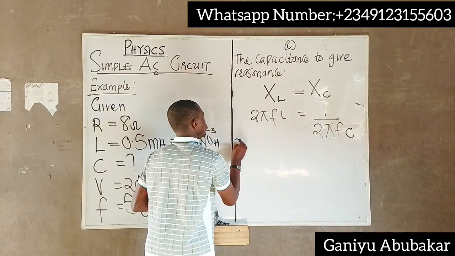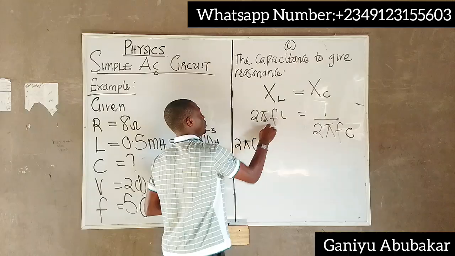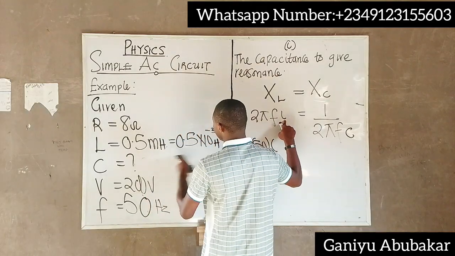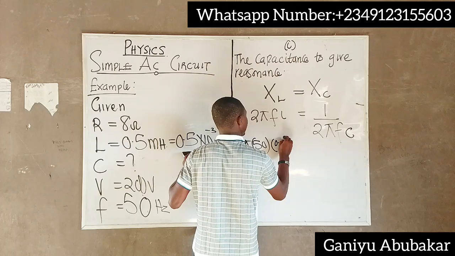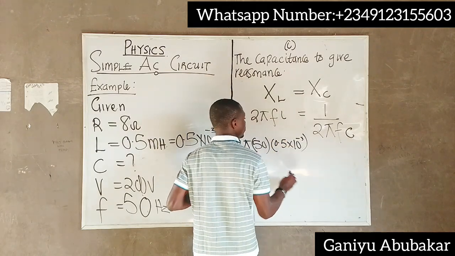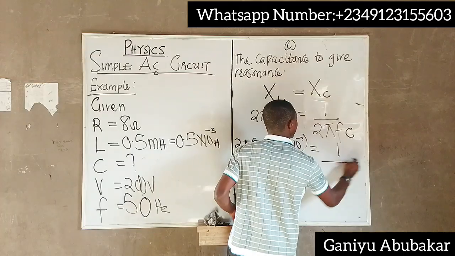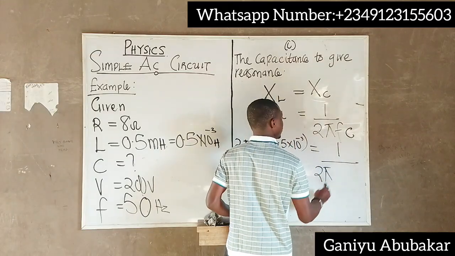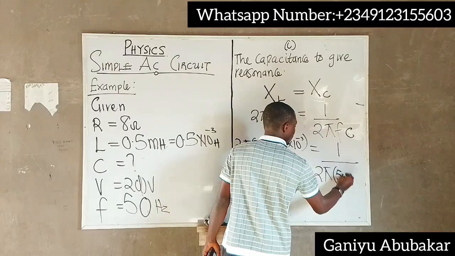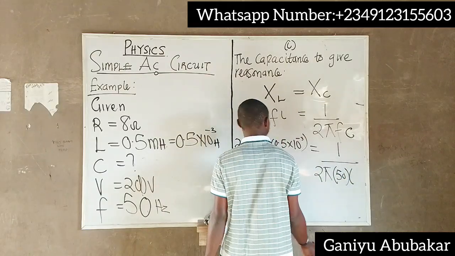This gives you 2 pi times F, which is 50, times L, the inductor, which is 0.5 times 10 to the power of minus 3, equal to 1 over 2 pi times 50 times C. This is what I'm looking for.